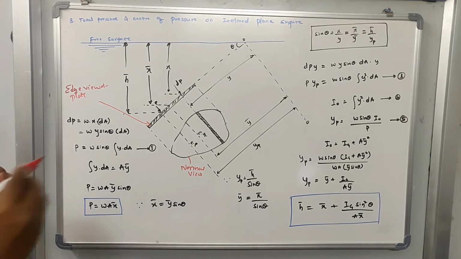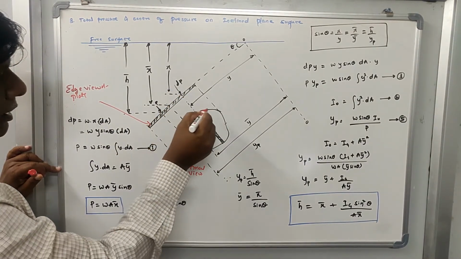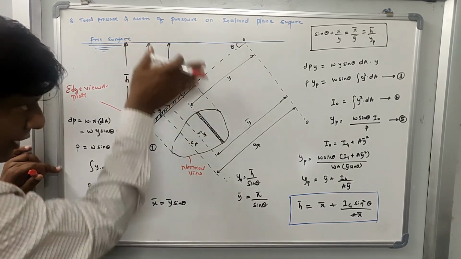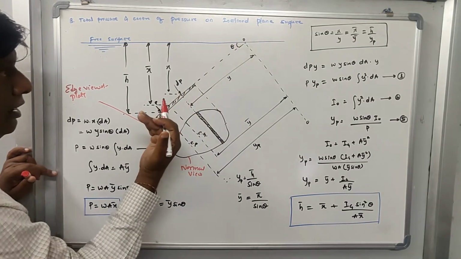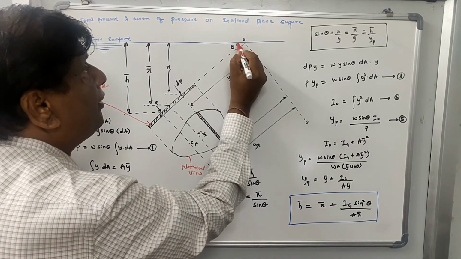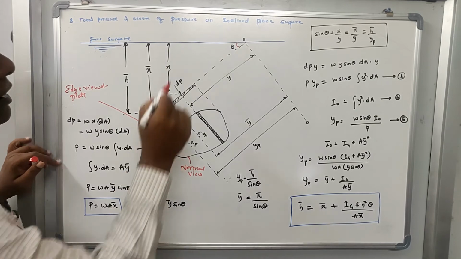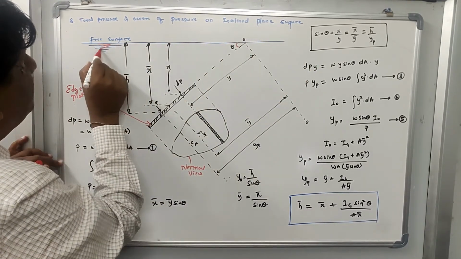So this plate is immersed in the static mass of fluid, but not vertically; it is immersed in the inclined direction, and this plate makes an inclination of angle theta with the horizontal. This is the horizontal surface or the free surface.